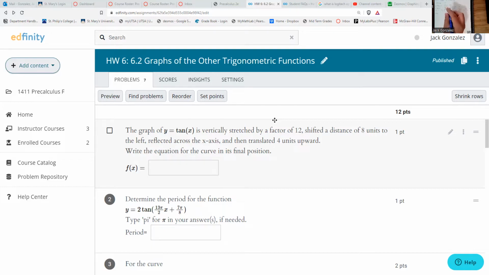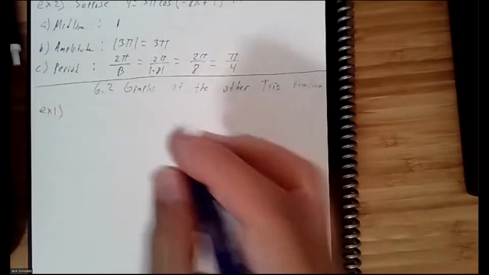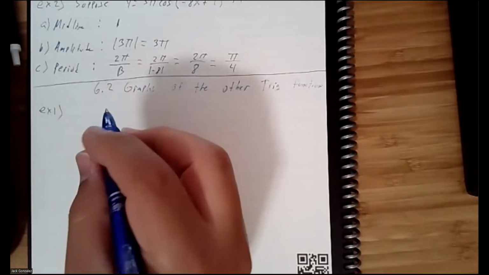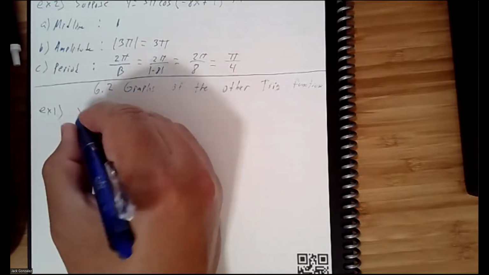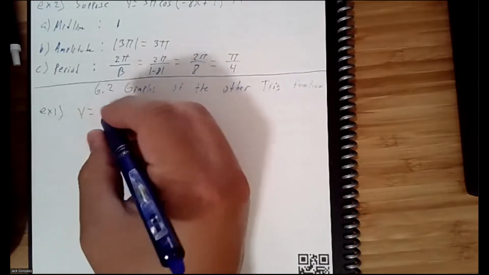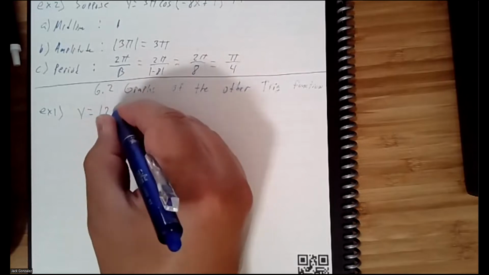So we should remember that the amplitude is what creates the stretch, right? All right, so factor of 12. So y is equal to 12 tangent.